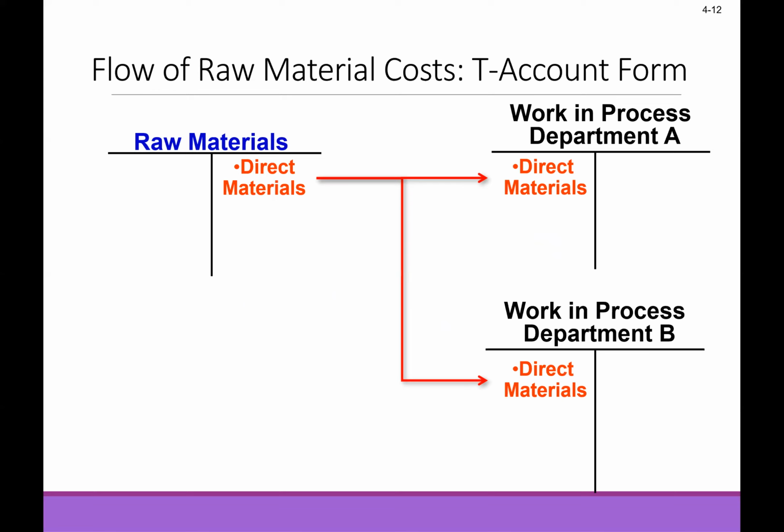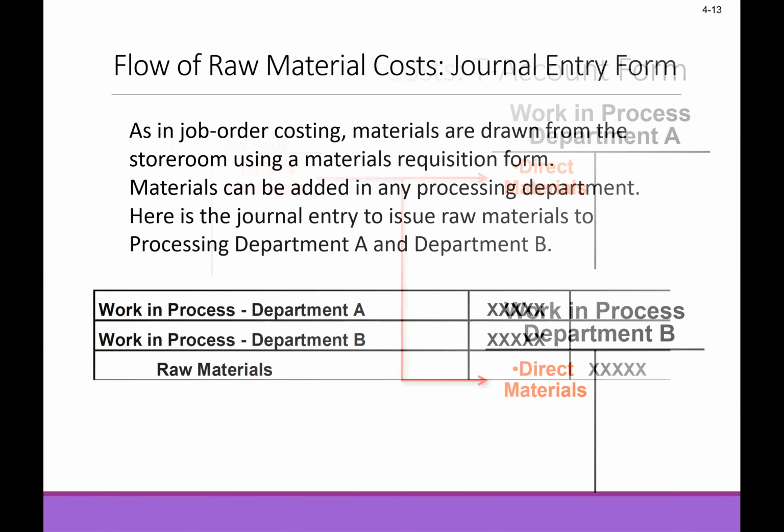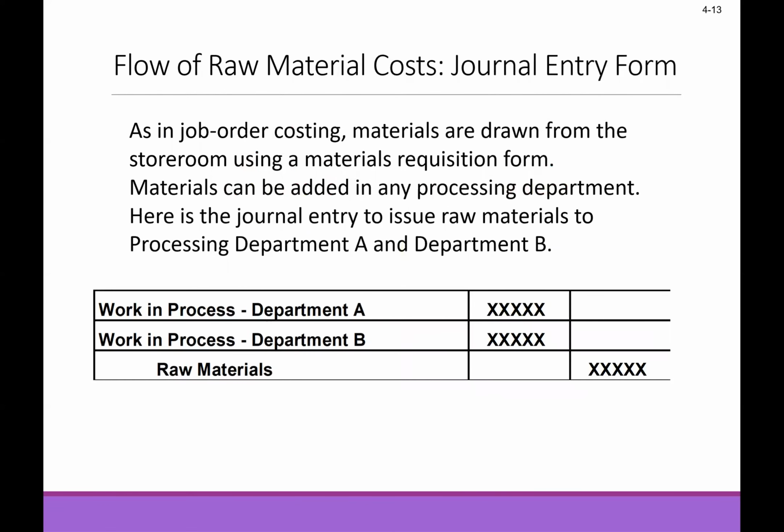If there are raw materials that are transferred immediately into only Department B, then that is where they will be debited to.